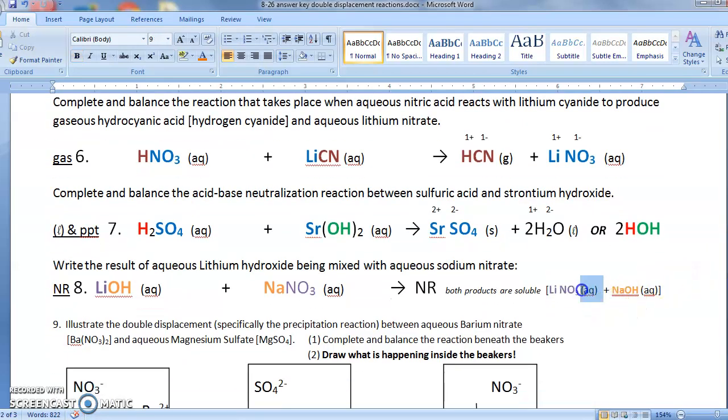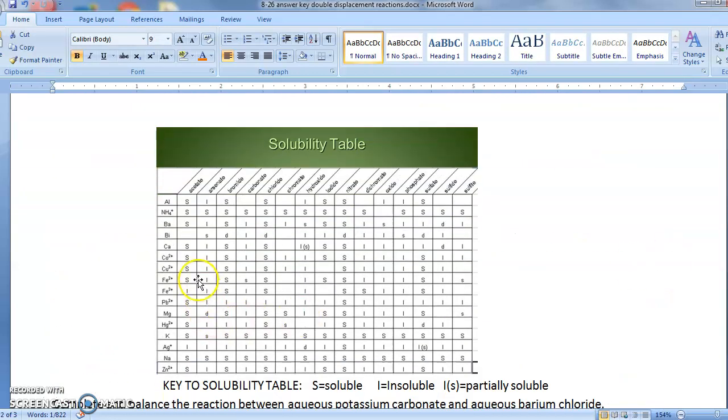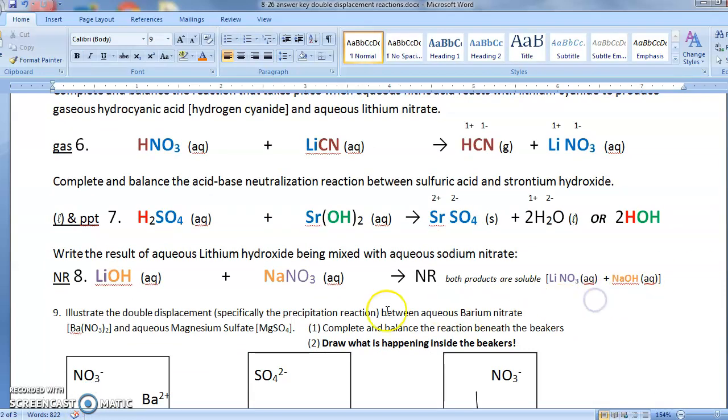It will stay aqueous. We also would have the Na's bumping into the OH's. NaOH is also soluble. There's the sodium. There's the hydroxide. It is soluble. So when we're looking at this one, you might have had trouble.